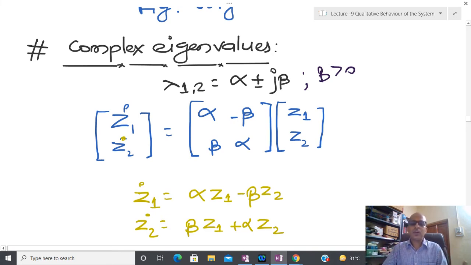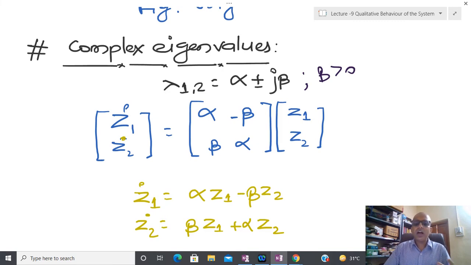So I have already discussed two cases. What we have seen till now is that if both eigenvalues are negative, then I have some kind of behavior that is called nodal stable behavior. If both eigenvalues are positive, then I have diverging behavior.